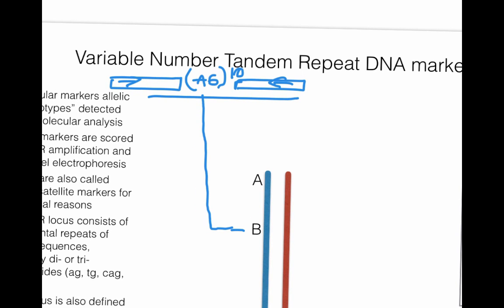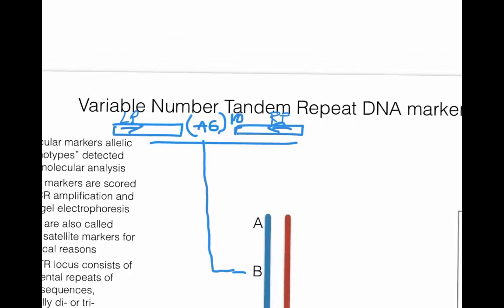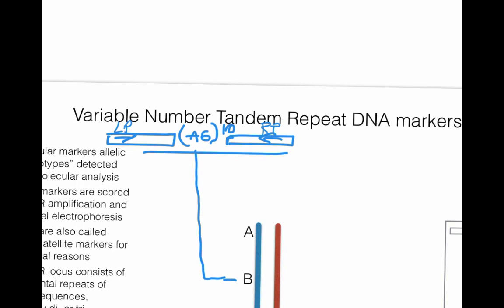So this is the left primer, and this is the right primer. Amplification of this sequence would give me a PCR fragment that contains in its core the 10 repeats. I'm not going to draw all 10, something like that, each one of them being an AG repeat.